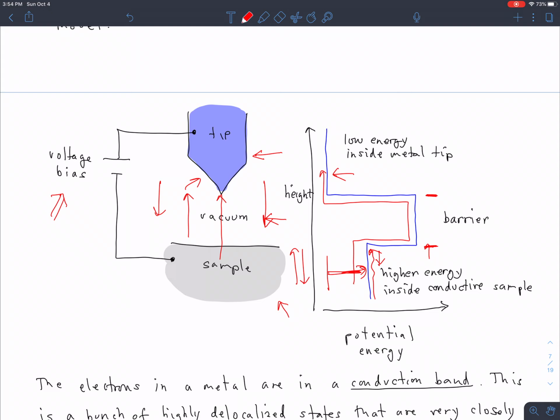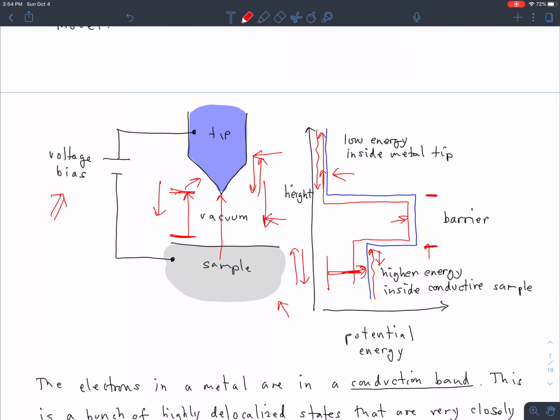And the same is true for the tip. If an electron comes in, doesn't have enough energy to achieve the barrier energy, then it would just bounce off and go back in. And that happens to most of the electrons. In fact, the electrons are coming in, bouncing off the surfaces of the tip and the sample all the time. And if the gap between the tip and the sample is too big, then that's all that ever happens.